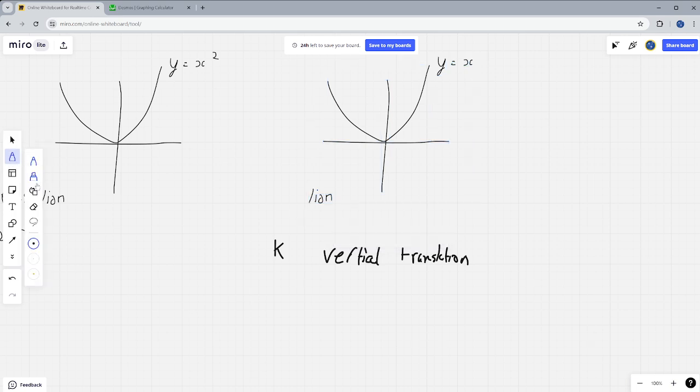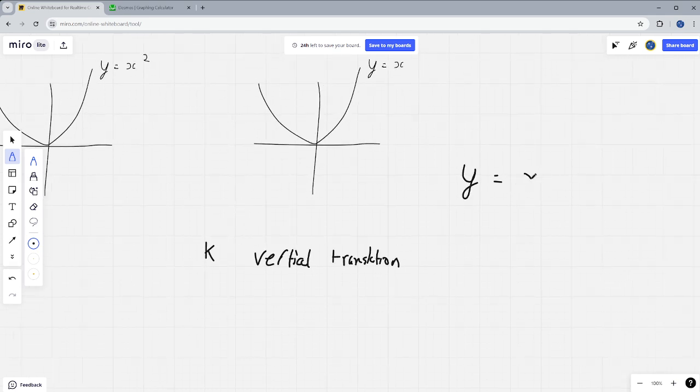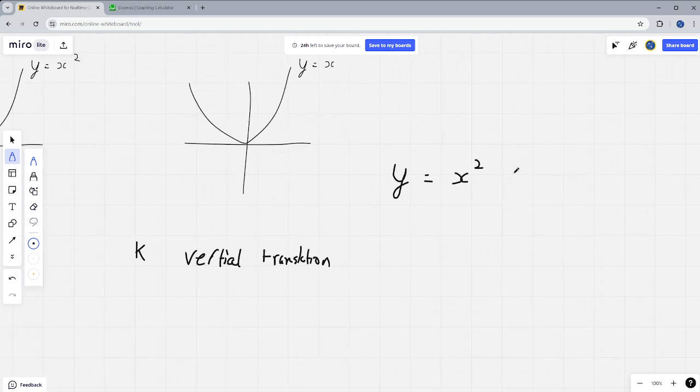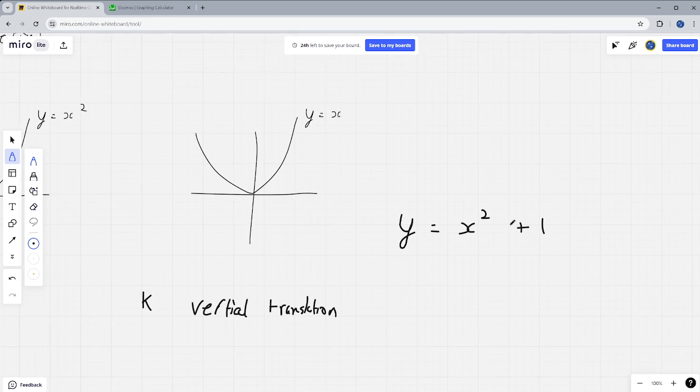Let's erase the extra letters that came in. And let's look at another value like y equals x squared plus 1 for now. What that means is we're just going to move this graph 1 unit up. And if it was -1, we would just be moving it 1 unit down.